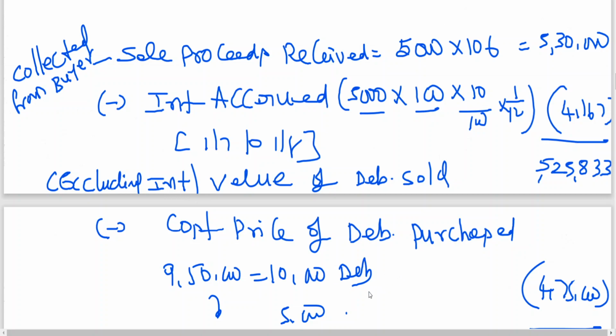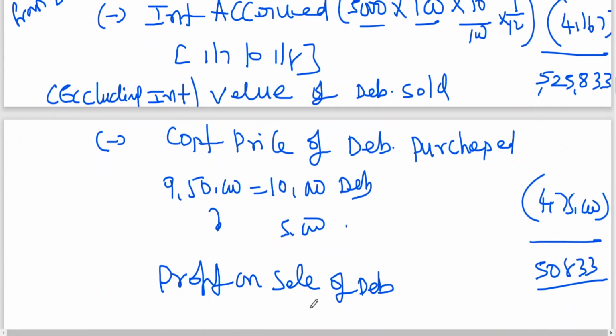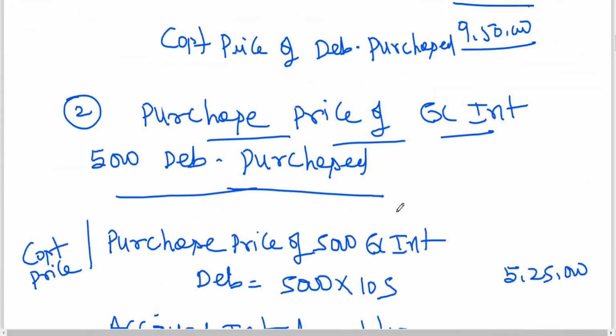The cost price I have told you before; we have followed that I have sold from the first lot itself. Therefore, profit on sale of debentures is transferred to which account? P&L account. Okay. Now this I think you'll understand now.